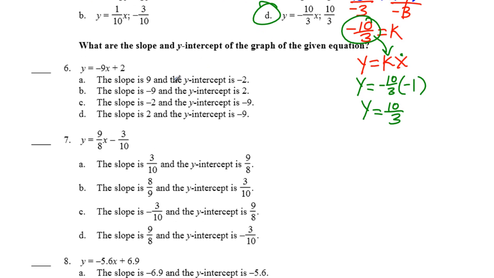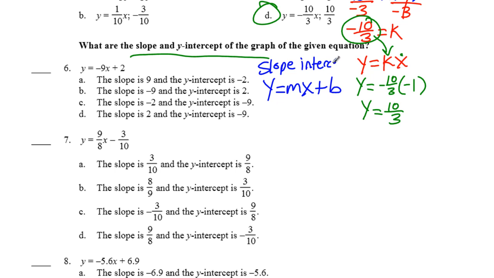Number 6, it says what are the slope and y-intercept of the graph? Alright, these are really easy and really fast. So slope and y-intercept, these, you need to notice that they are in the form of y equals mx plus b. This is slope-intercept form.